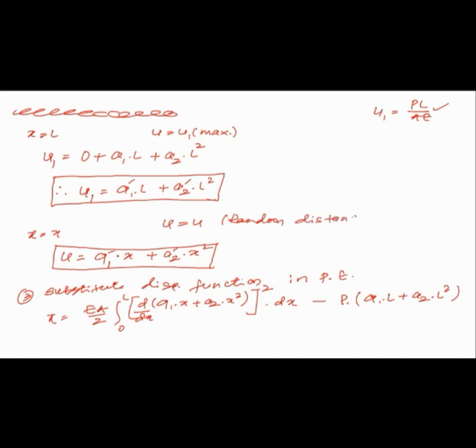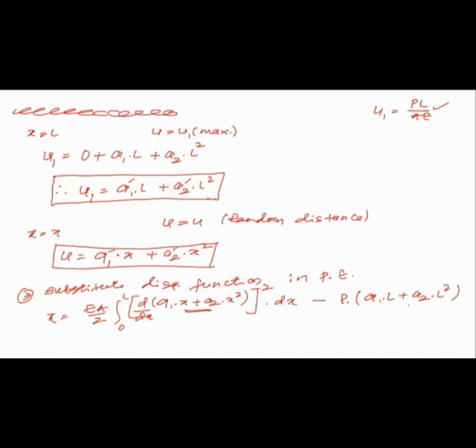To get that displacement u at any random distance, or u1 at the free end, I need the values of a1 and a2. These are the two constants I have to get. So to get these two constants, I need to minimize the PE function. Further, I need to do the simplification.